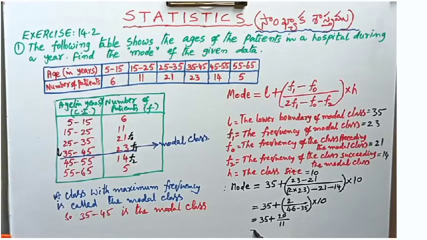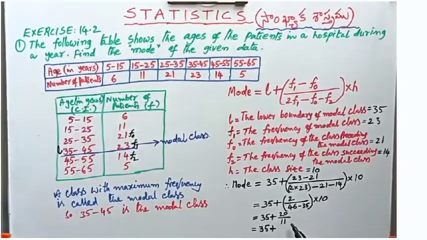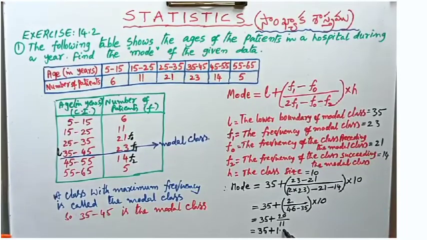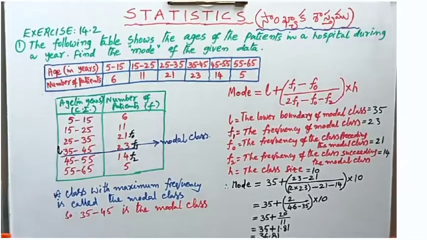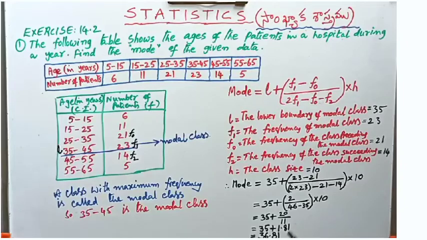That equals 35 plus 20 by 11. If you do the division, 20 by 11 is 1.81. So that equals 36.81. That is the required answer. In this way you have completed this problem. In this way please do more like this. Okay, thank you.